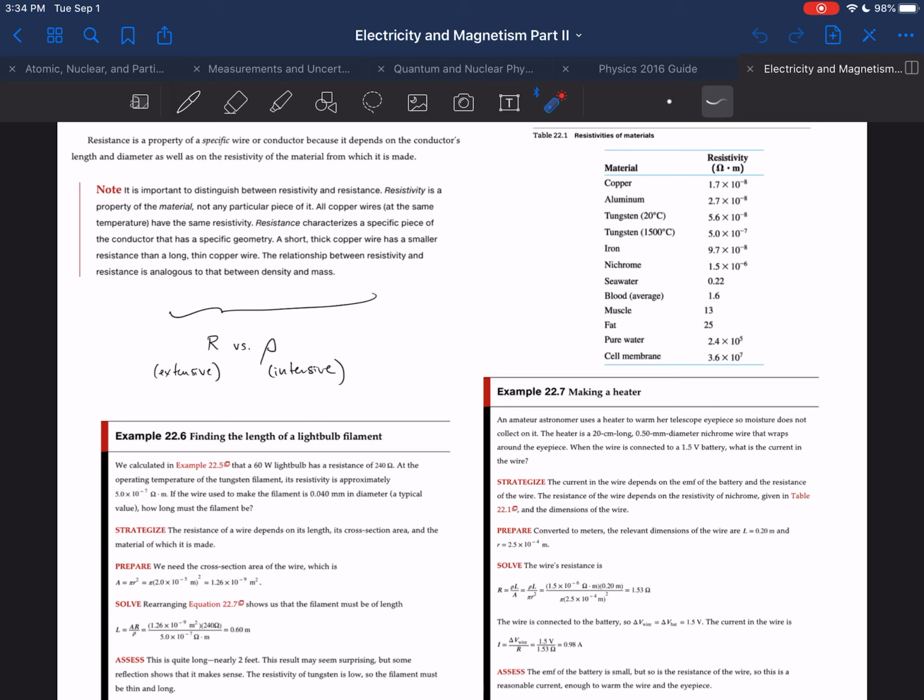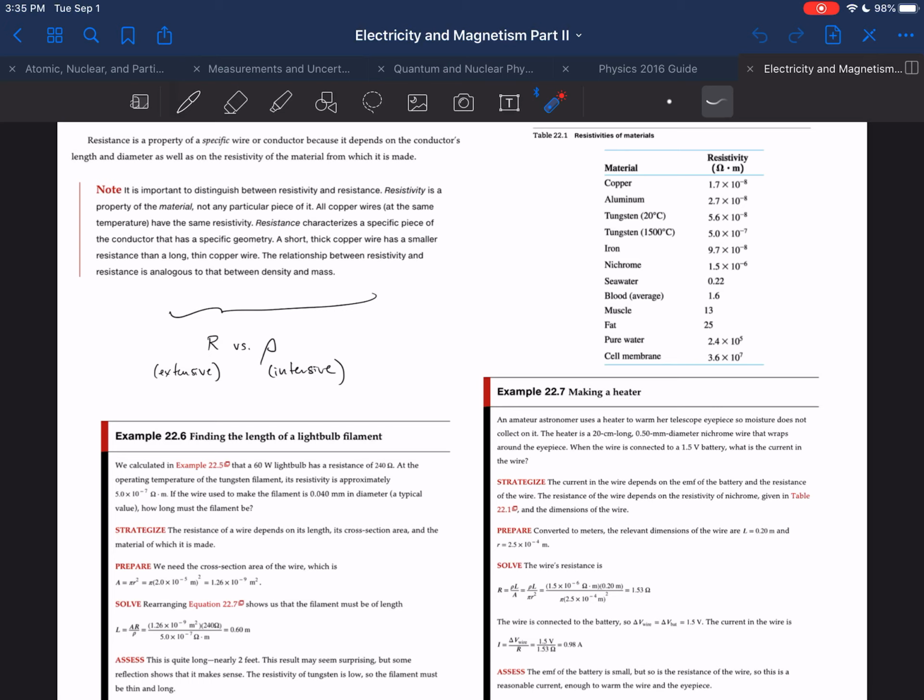As the temperature increases, tungsten, a typical metal, has its resistivity also increase, by about a factor of 10 between tungsten at 20 degrees Celsius and tungsten at 1500 degrees Celsius, and that's a pretty big deal. That is a significant difference in resistance, even though both of those numbers seem very small for a given material. It's literally 10 times as resistive at higher temperatures.